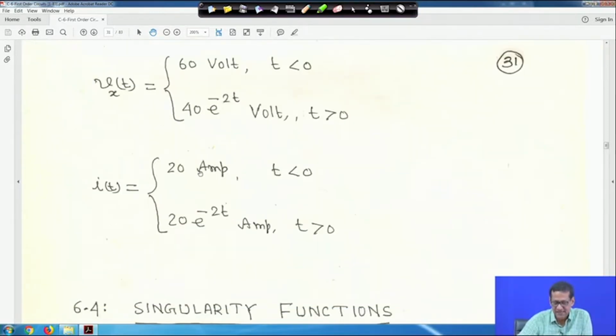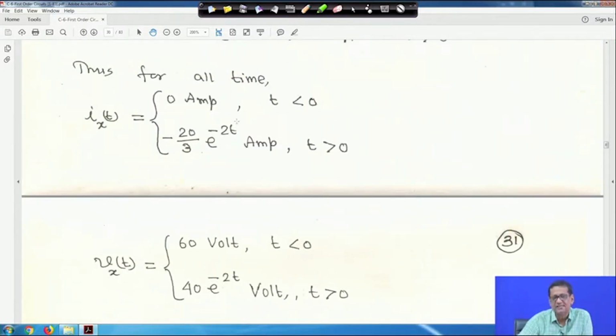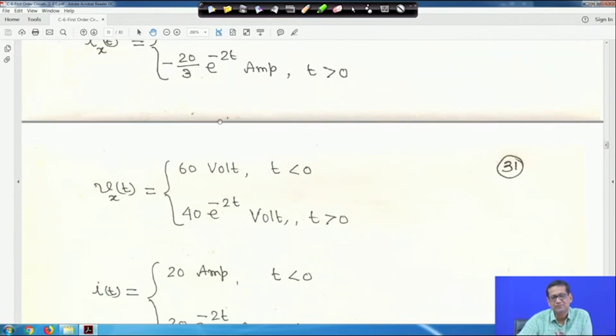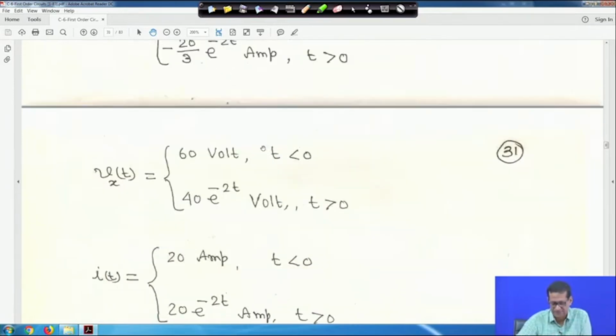Similarly for i(t), initially we got 20 ampere for all t less than 0, because the switch was open for a long time, and 20 e to the power minus 2t ampere for t greater than 0. If it says all time, then you write the answer this way. In general it is minus infinity to plus infinity, and you write whatever breakup there is for time.